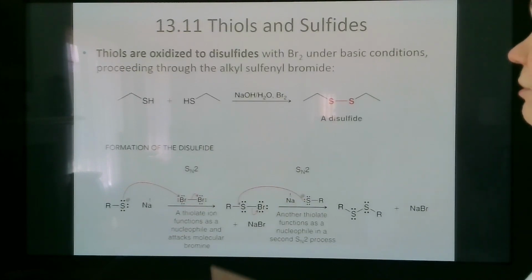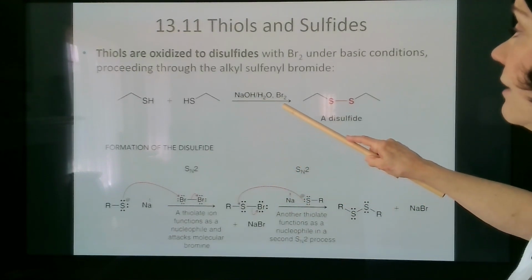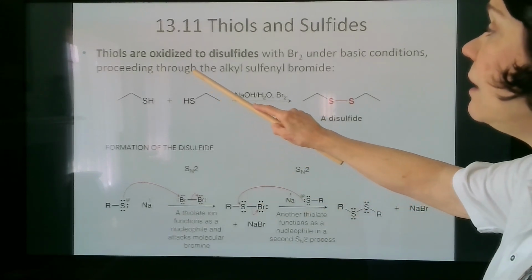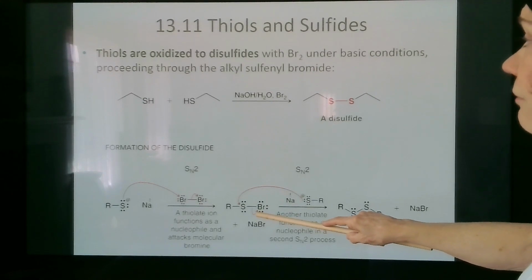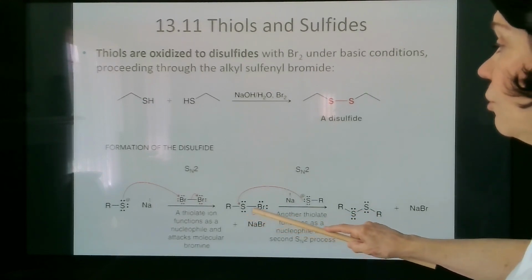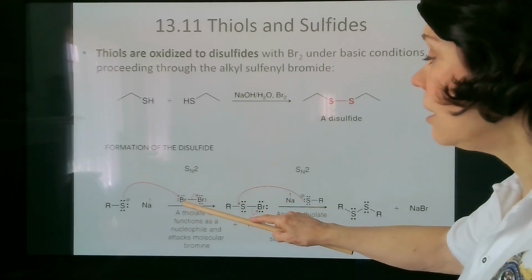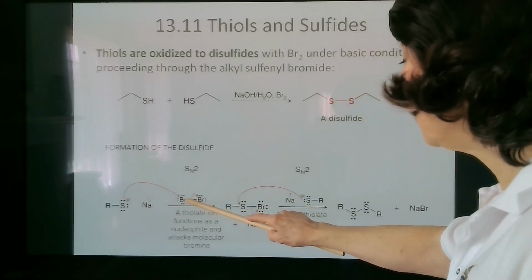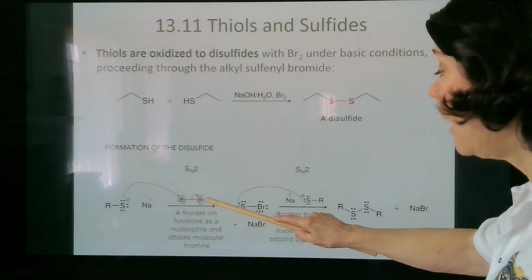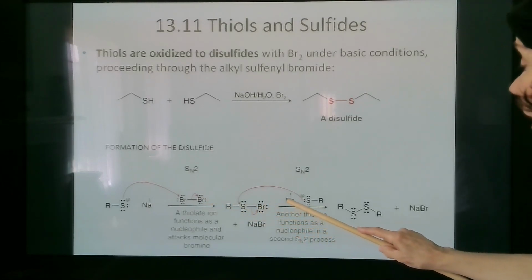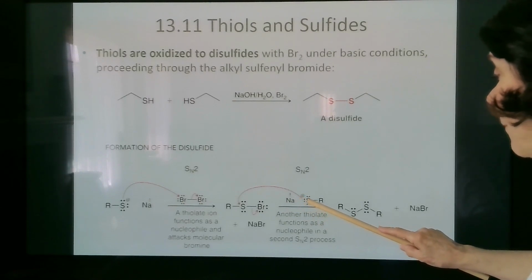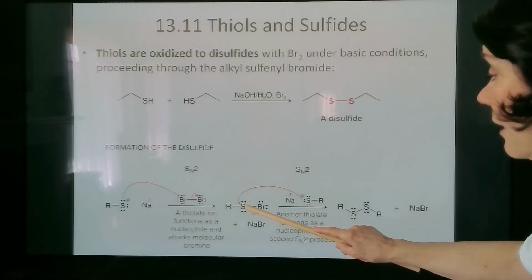Thiols are oxidized to disulfides with bromine under basic conditions, and they proceed through the alkyl sulfenyl bromide. You can see the SN2 reaction. First, the S- attacks bromine, displacing bromide, and then you can see another SN2 reaction.